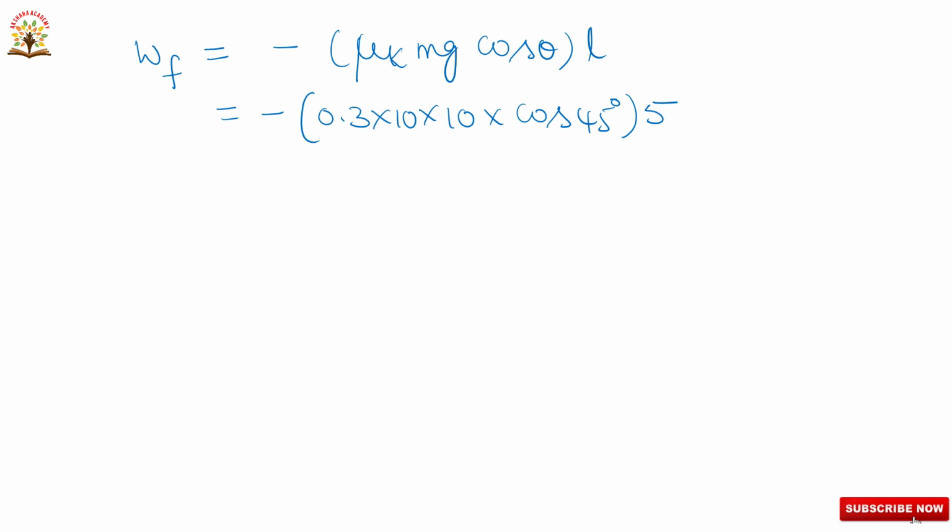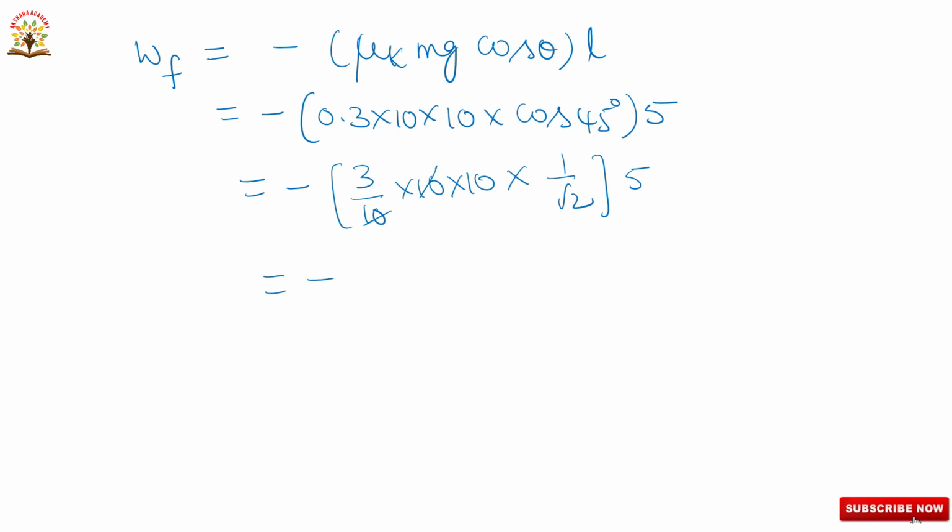So that is equal to minus 0.3, which can be written as 3 by 10, into 10 into cos 45, which is 1 by root 2, into 5. Here the 10 cancels.